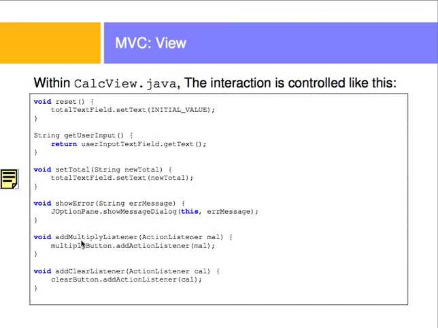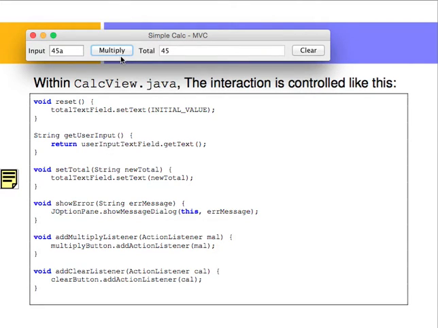First, addMultiplyListener. This goes to the multiply button, which is this one, the one that's highlighted, and it will add an action listener, meaning it will add an action listener object that will execute something when you click multiply. And the same thing with addClearListener.